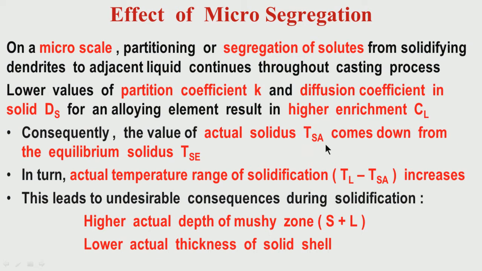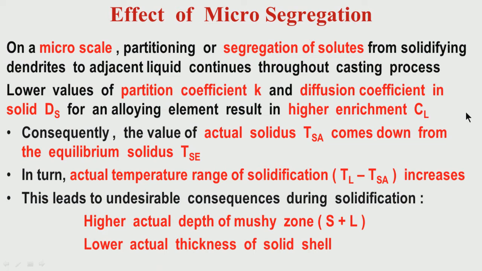So, try to understand what is happening. Microsegregation is resulting in higher enrichment compared to the C0 value. Cl is increasing: the concentration of all alloying elements in the last liquid which is solidifying is more compared to the original concentration in the particular grade.